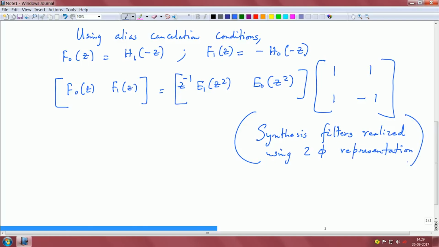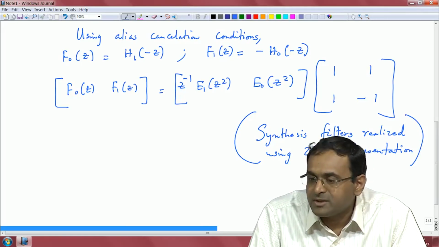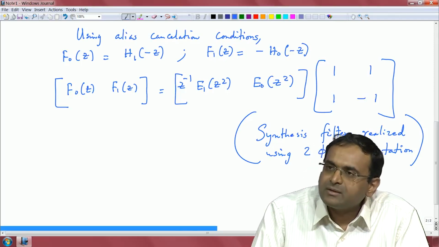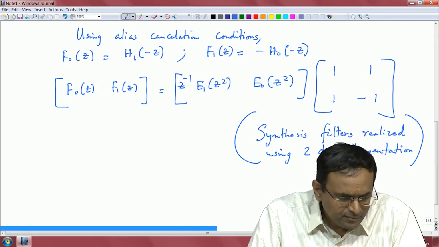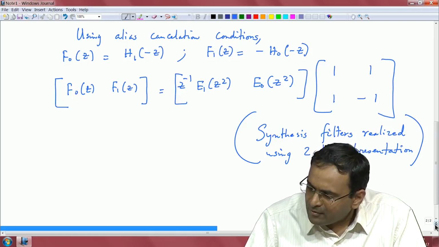Okay. So, we have both the analysis and synthesis filters that can be realized using polyphase representation, and we will see this is going to be very useful for us, because when we have to do multi-rate operations and realizing these filter banks through possibly generalizations from 2-phase to M phase, then we will find these representations very useful. And one of the things that you might have noticed is the form of representation, right?